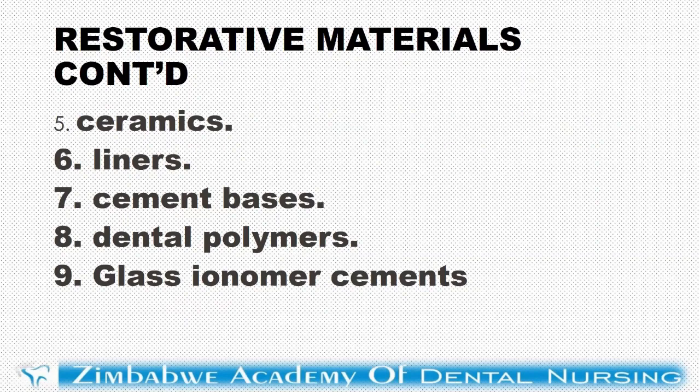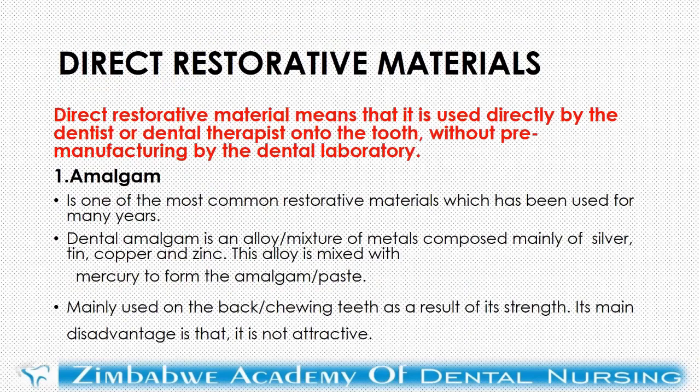Cement bases are put under a filling so that the filling material does not affect the nerve inside the tooth. You also have what are called dental polymers. Then you have glass ionomers. Now, going back to direct restorative materials. Amalgam.